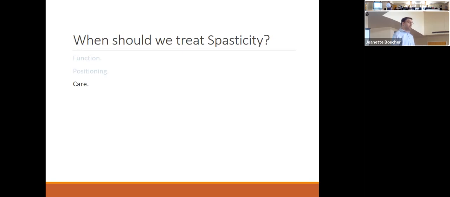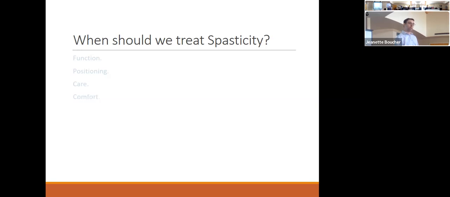Again, on the lower functioning side of the spectrum, for folks who are reliant on caregiver support, treating spasticity can make it easier for caregivers to help their loved ones get dressed or take a shower or bath or transfer. So it's really a comprehensive goal that we have for patients and their families.